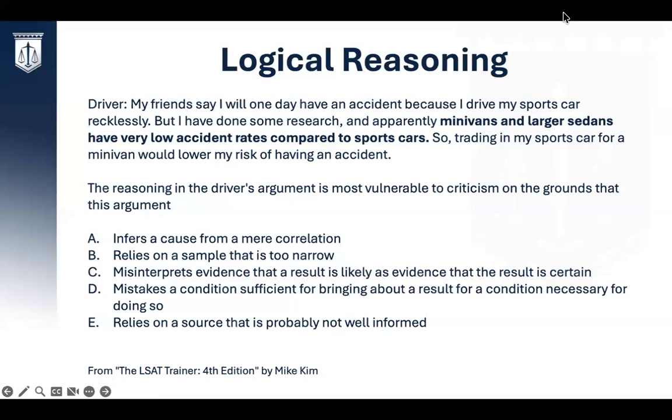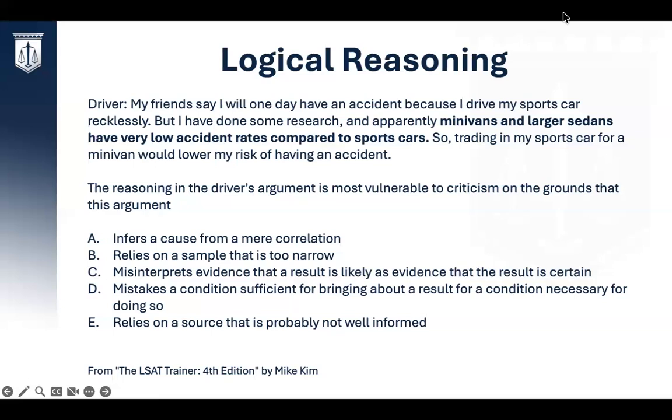This isn't a case of likely versus certain, though. It's cause versus correlation. So the cause of accidents isn't the kind of car, right? It's a correlation that people who drive certain cars have lower accident rates.